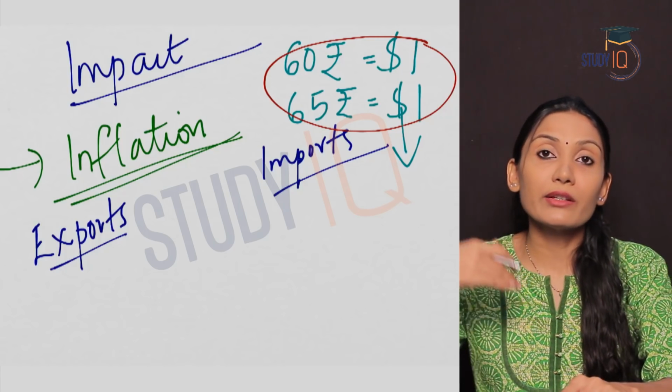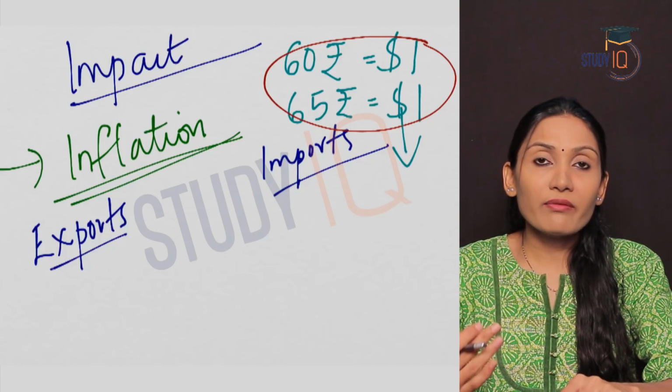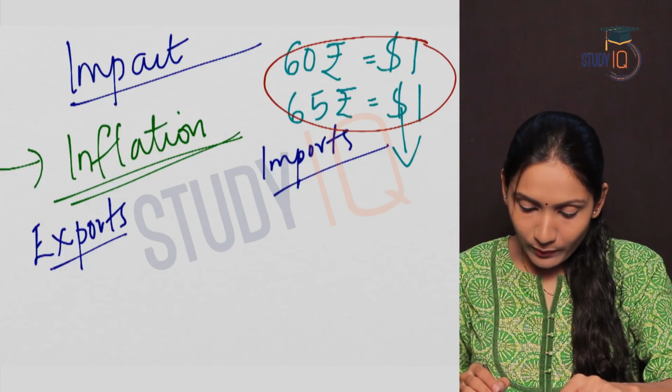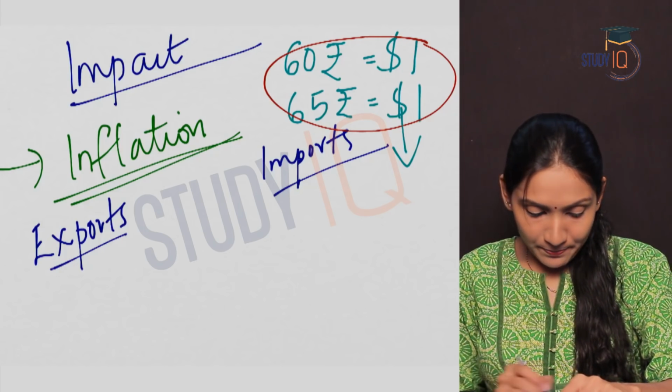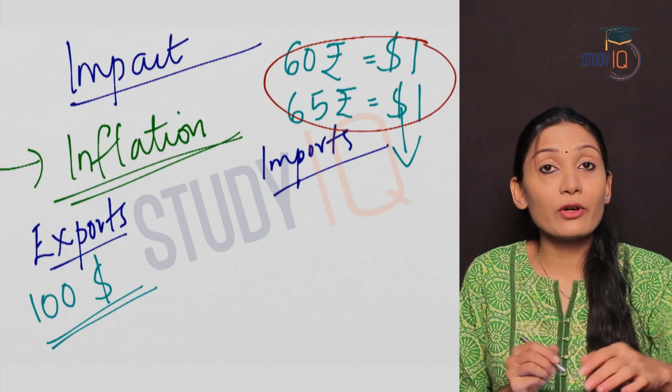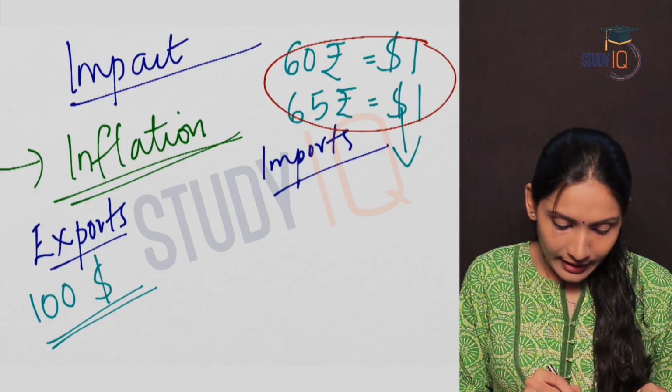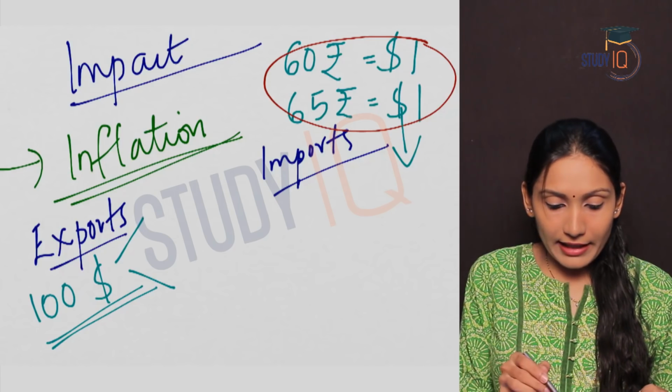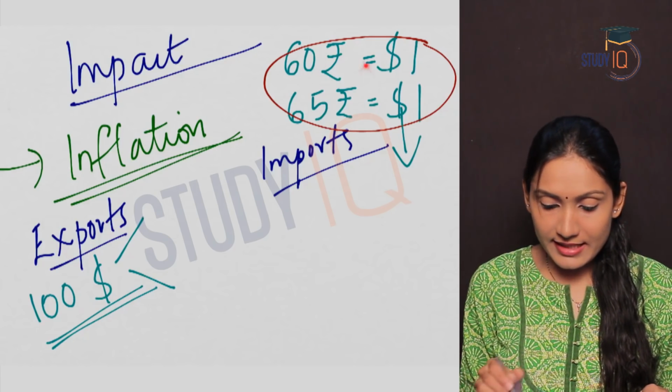Exports means you are sending to another country. And when the value of the rupee is less, what will happen? Suppose you are exporting a $100 commodity. So earlier, before the devaluation, the value of the currency was 60 rupees.